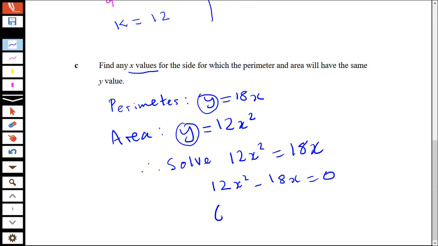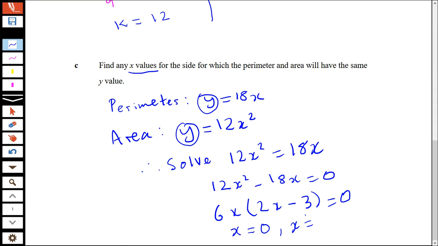Factorize, so you're going to get 6x outside of 2x minus 3 equals 0. And then that's going to give you two answers. Now, x equals 0, x equals 3 on 2.